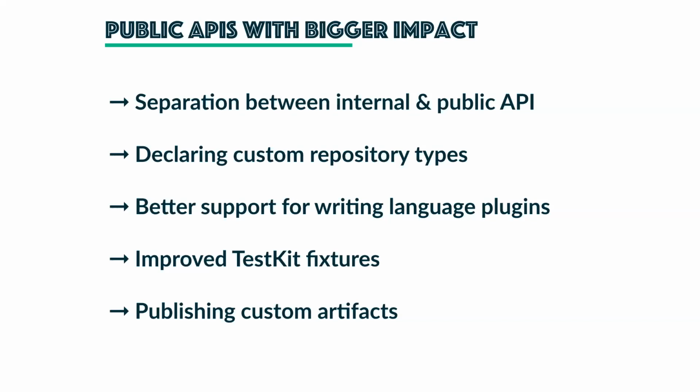One thing that might be tricky for plugin developers is that we sometimes want to define custom repository types. So you might know that at the moment you can only apply a Maven repository, an Ivy repository, or something that points to the file system. But what if you wanted to deal with custom repository types?